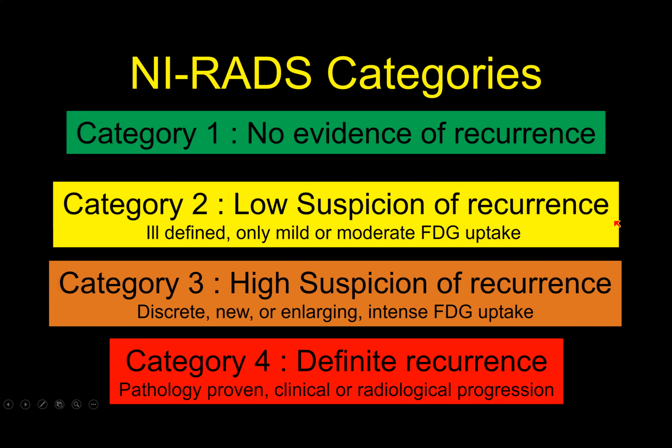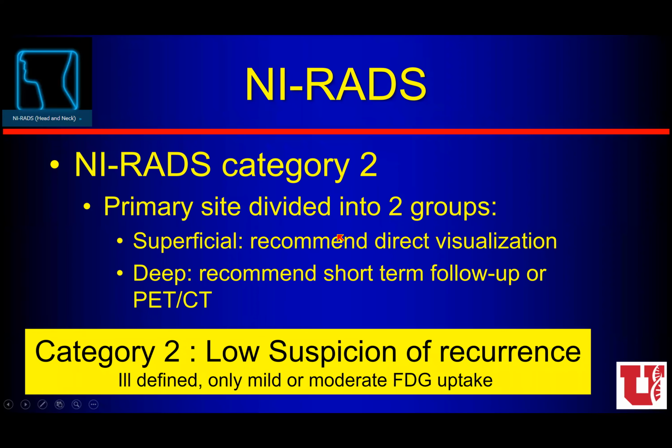Now, level 2 was actually divided up into 2 different groups, superficial and deep. And this reminds us that I, as a head and neck radiologist, am not a mucosal surface doctor. That's not my world. I don't do cross-sectional imaging a lot of mucosal surface lesions, just like skin rashes. I don't do CTs for seborrheic keratosis.